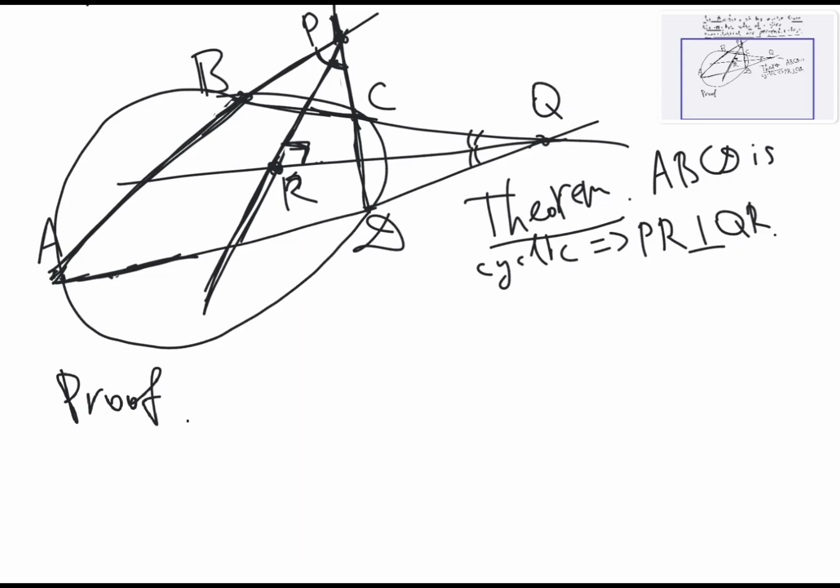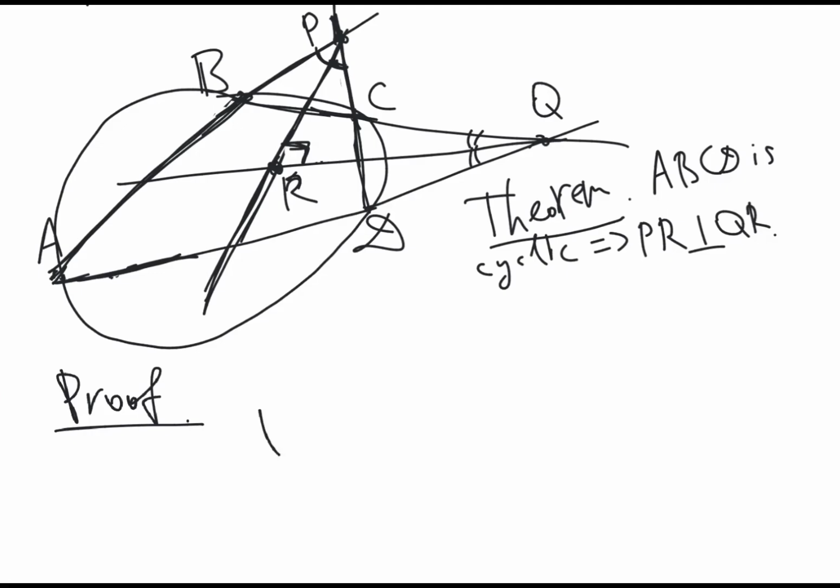So let's prove this. We are going to use two theorems about the angles in a circle. If we have a circle and the angle between two chords, then it can be expressed as half of the sum of these two arcs.